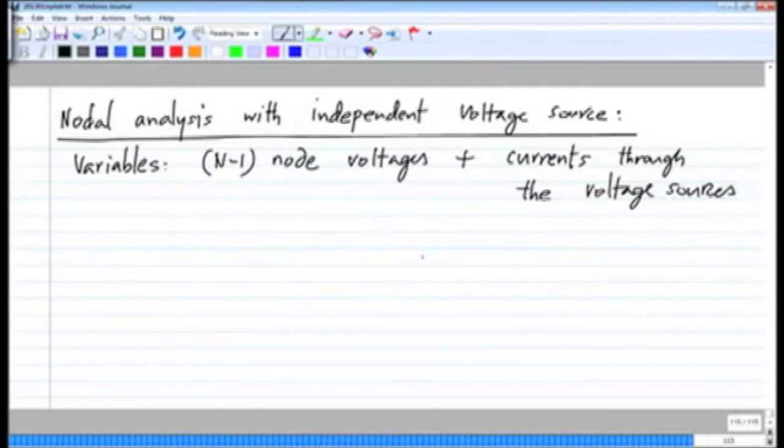In my circuit, I have a single voltage source, but let's say I have L voltage sources, I will have L currents through the L voltage sources. So the number of variables increases by L, and the number of equations also increases by L because each voltage source provides a constraint.